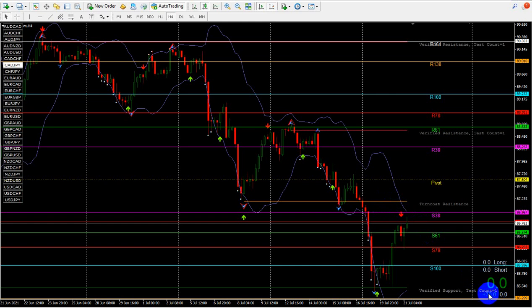As you can see down here on your right side, 70 pips was the profit that I took. I'm not talking about money value, I'm talking about pips. 70 pips here.